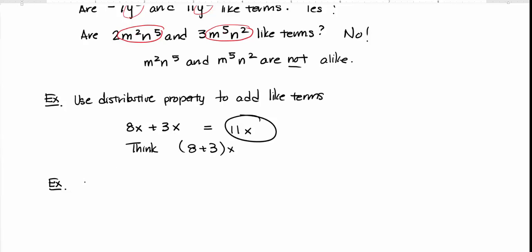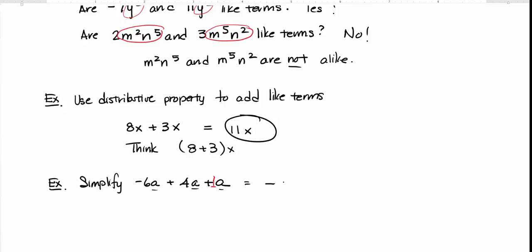What if I have, simplify, negative 6a plus 4a plus a. Right, again, we have all a's, so that's okay. And what's the coefficient of the last a? Remember, if we don't see anything there, we assume it's a 1.